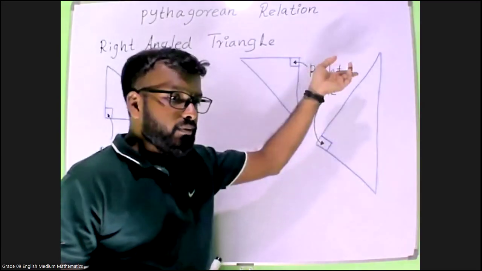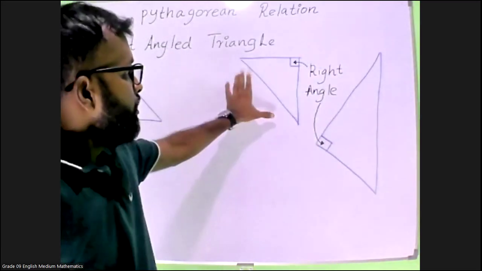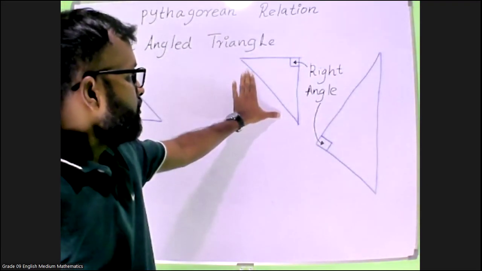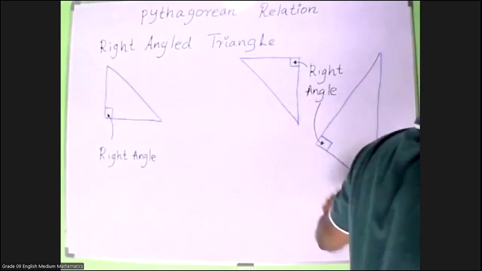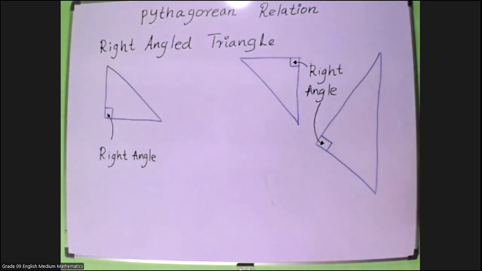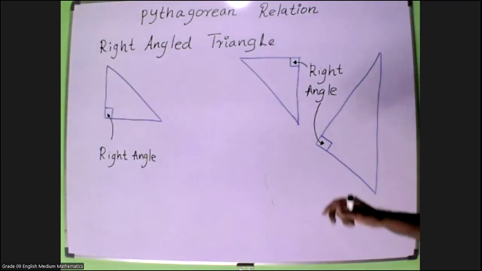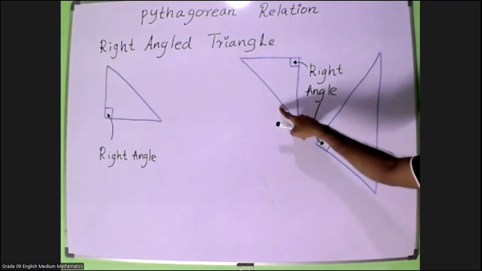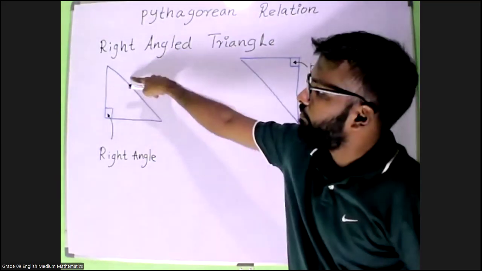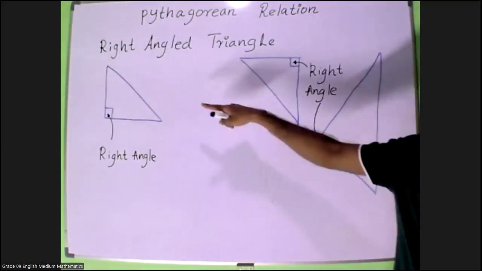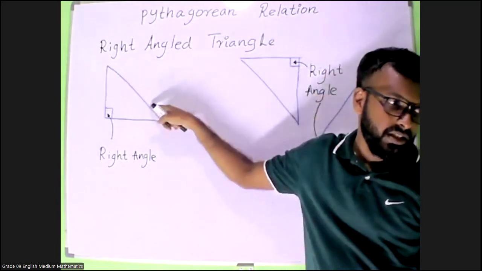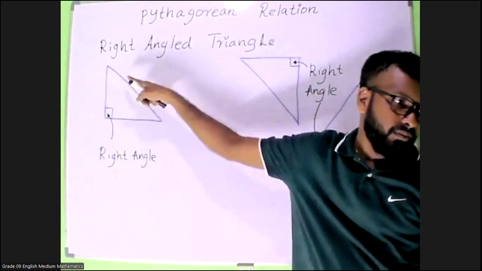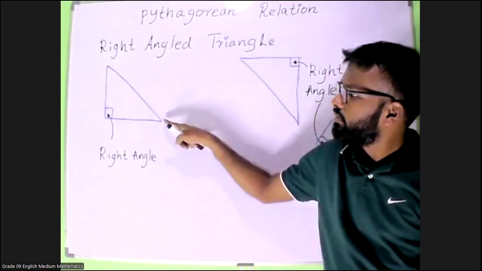What is the other? What is the other side? The straight angle, 180. Now for this side, what do we call it?